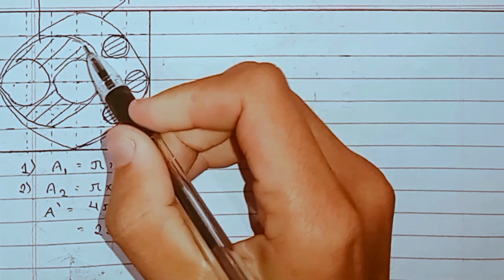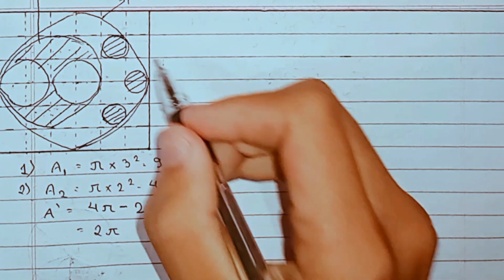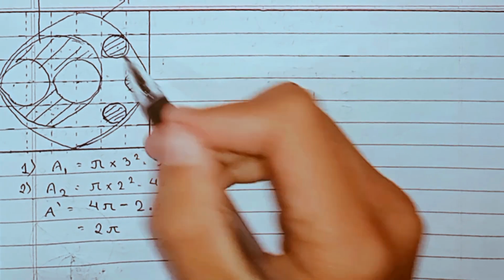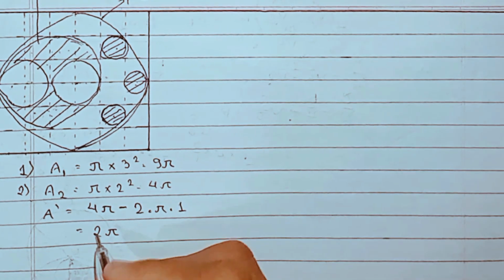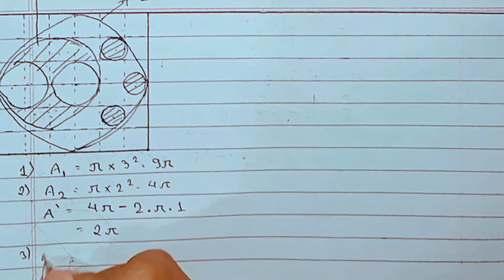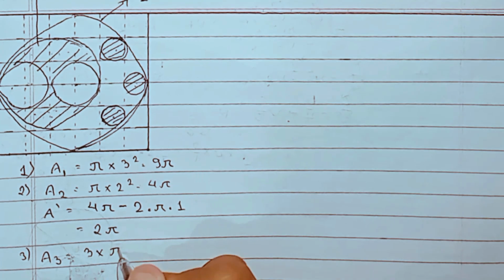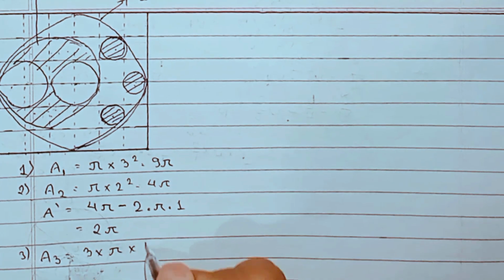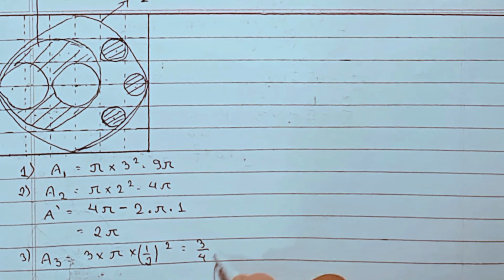So the first shaded area is 2 pi. And lastly, we have three circles with a radius of 0.5, which is 1 by 2. So the area a3 equals 3 into pi into 1 by 2 square, which is 3 by 4 pi.